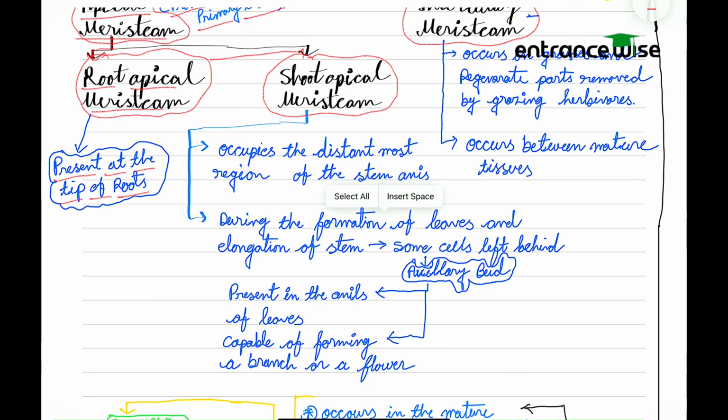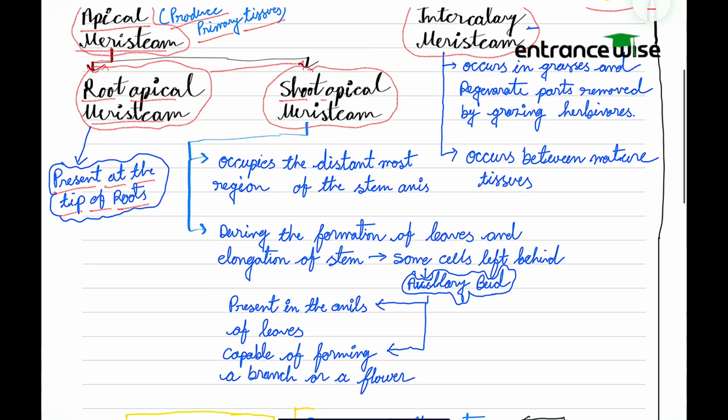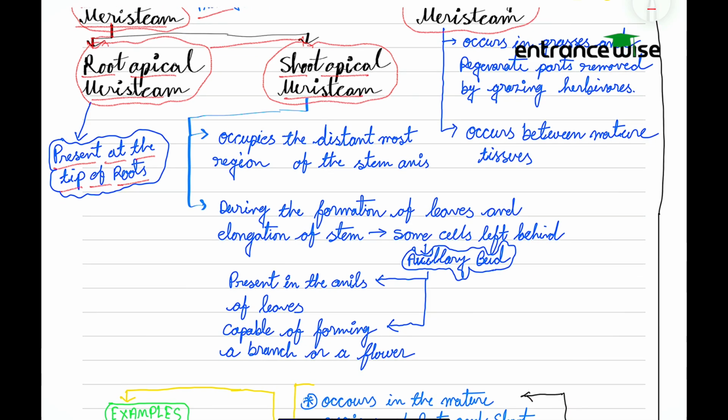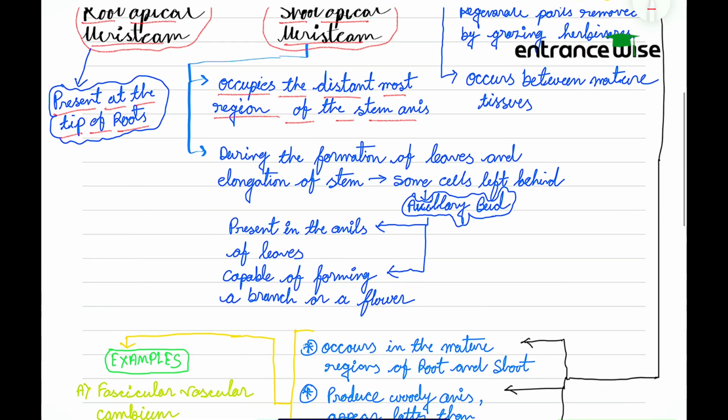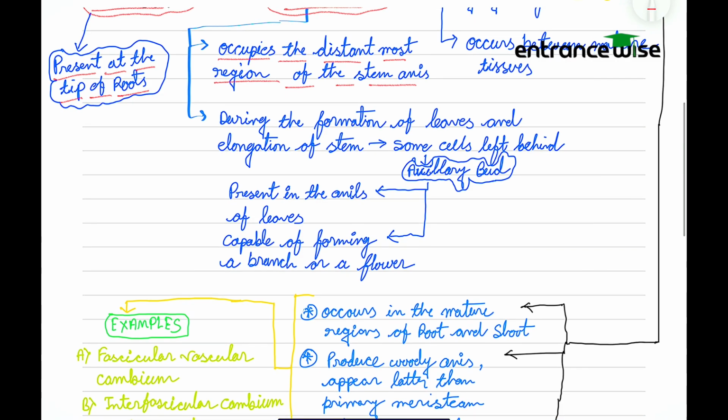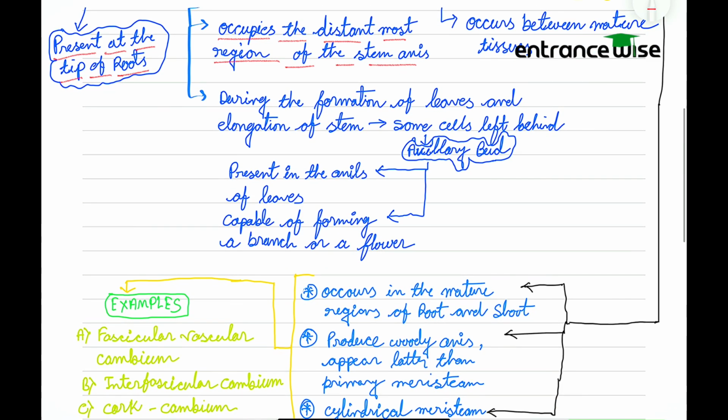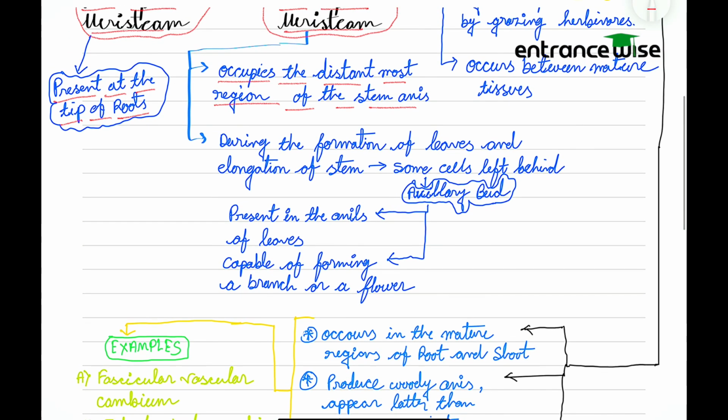It helps the root to grow. The shoot apical meristem, just like the root apical meristem, occupies the distal-most region of the stem axis. It helps the plant to grow at the initial stage.